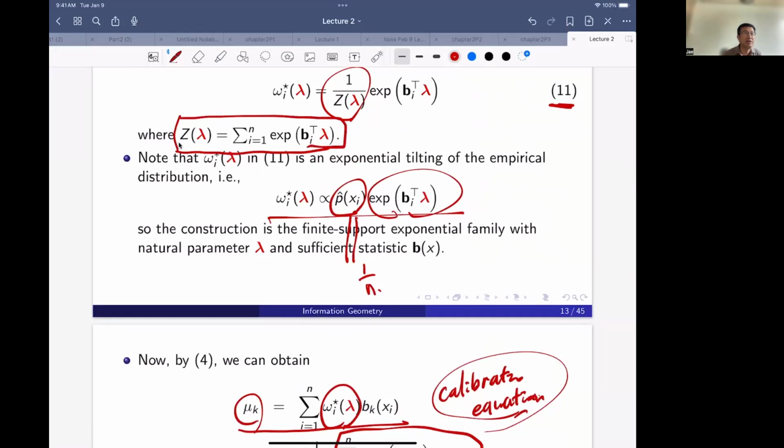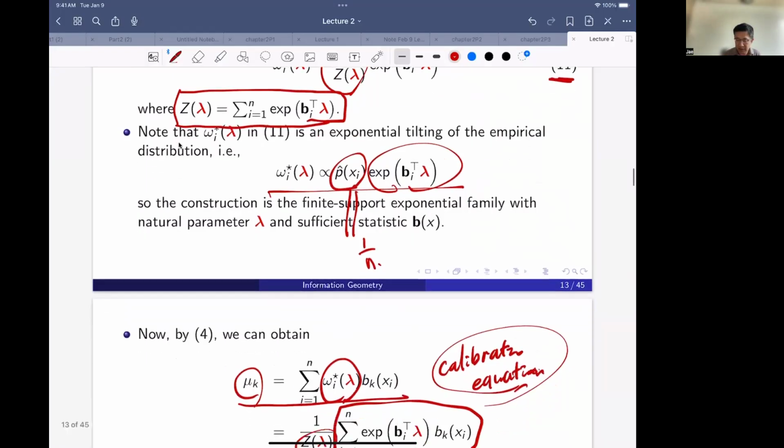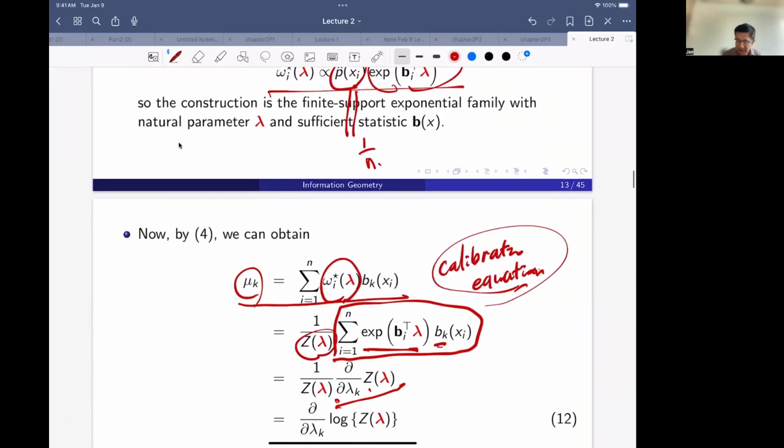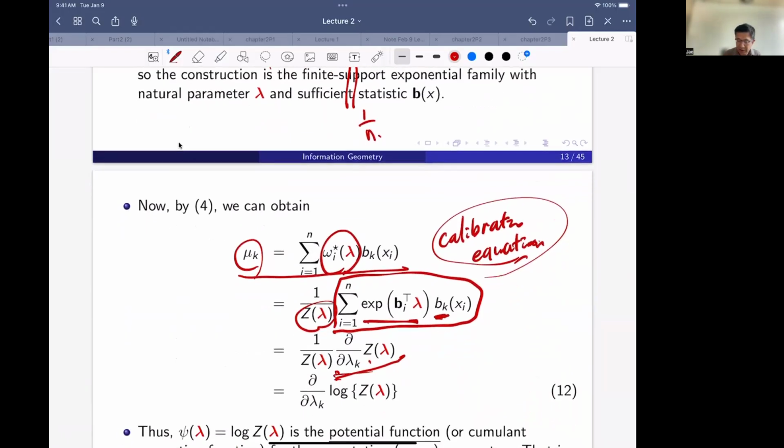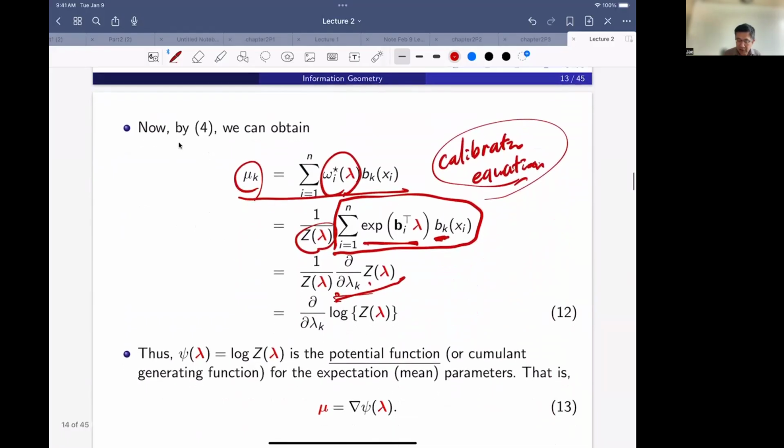Because this is a summation of exponential function, if you take the differentiation of z lambda with respect to a particular lambda k, then you get this particular vector function pk going outside the exponential function. So you can write it this way. That means you can write mu k as a partial differentiation of the log z.